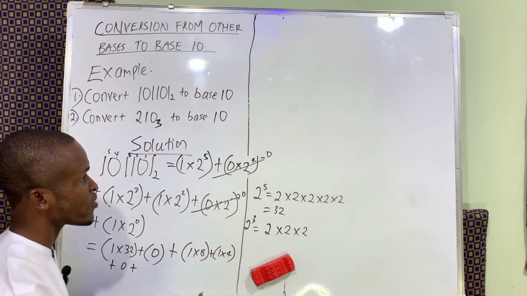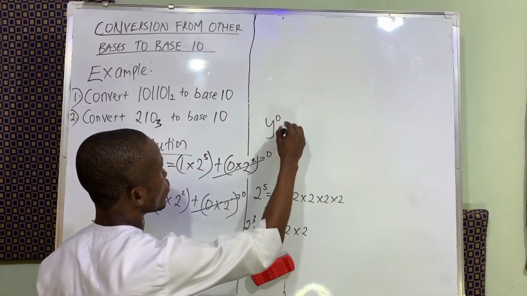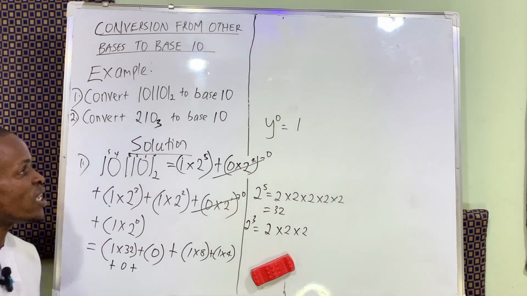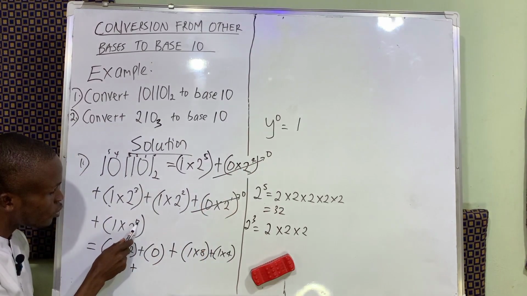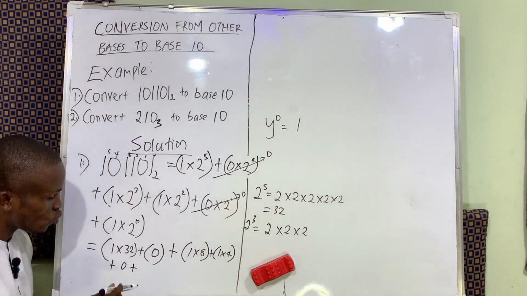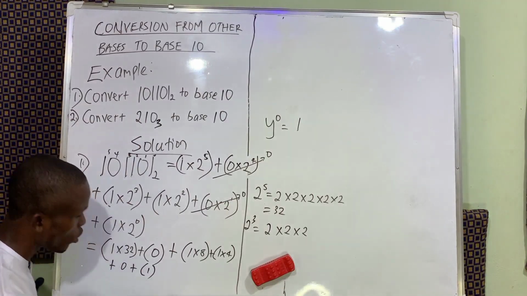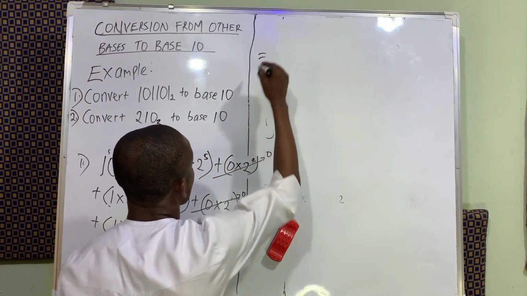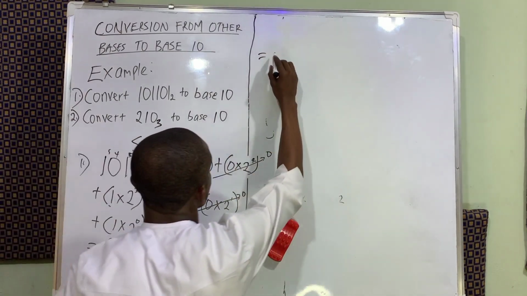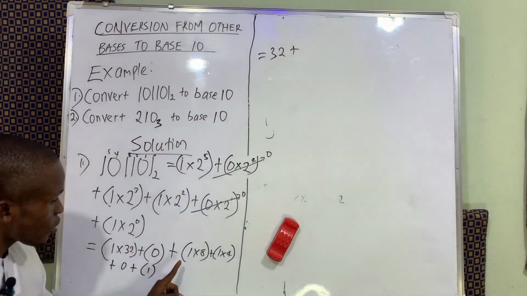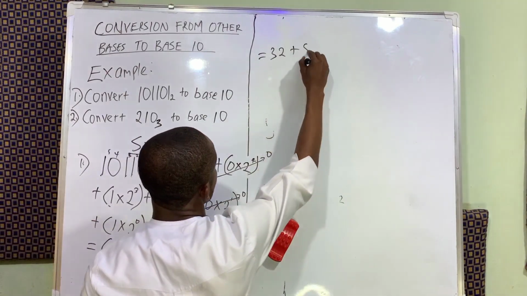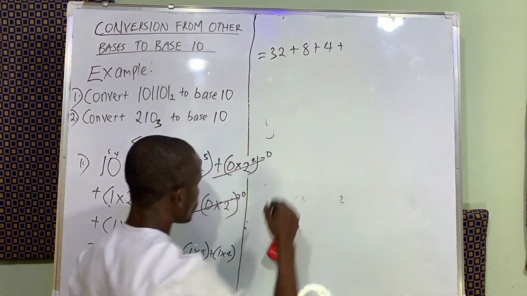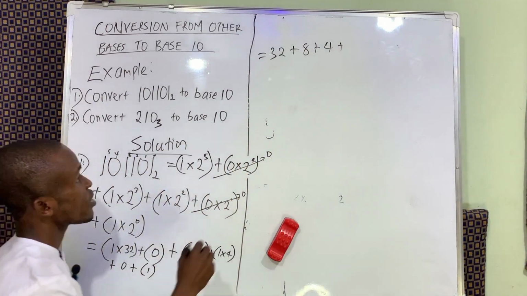Note this from our zero index: if we have y to the power of 0, this implies 1. So if we have a number raised to the power of 0, apart from 0, this gives us 1. So 2 to the power of 0 is 1, and 1 times 1 is 1. At this point, we have 1 times 32 is 32, plus 1 times 8 is 8, plus 1 times 4 is 4, and plus 1, which is the last one.